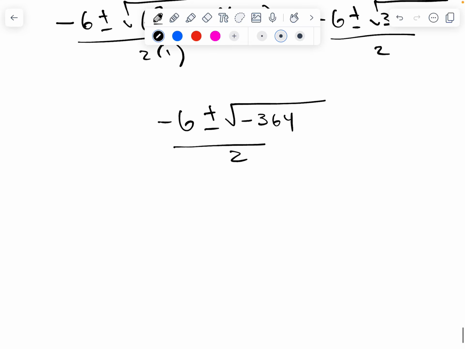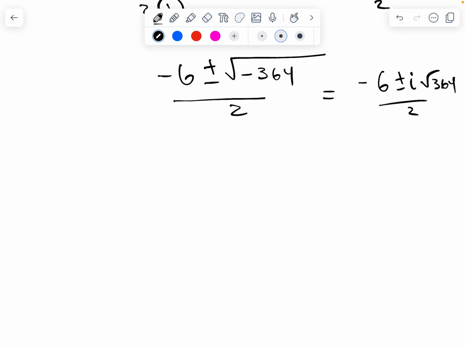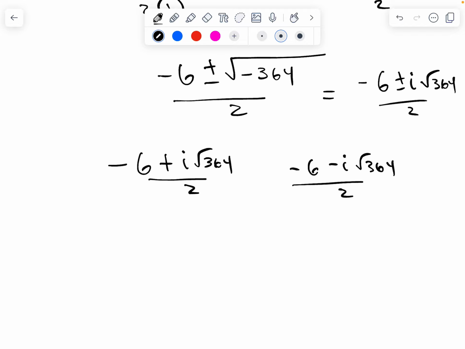And when we have a negative under a square root, that's going to pop out the letter i. Now you might be able to simplify this square root a bit, but I'm not going to. What we can do now is consider those two solutions, negative 6 plus i square root of 364 over 2, and negative 6 minus i square root of 364 over 2.